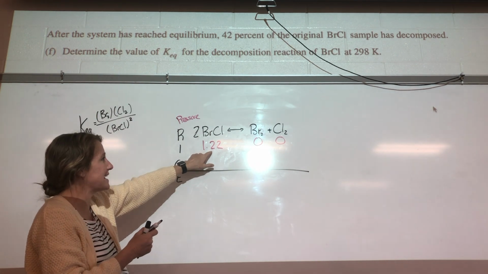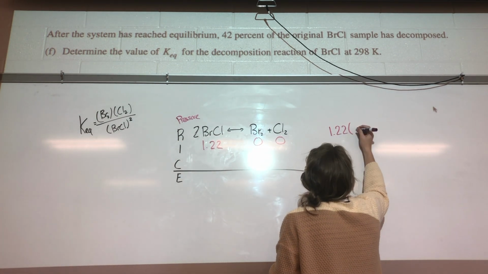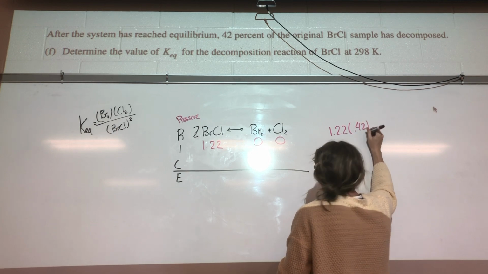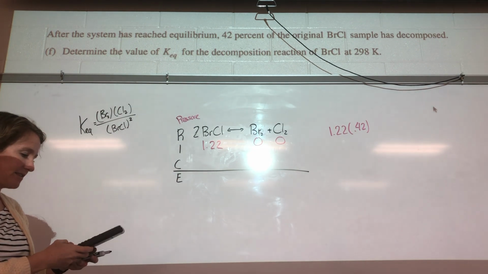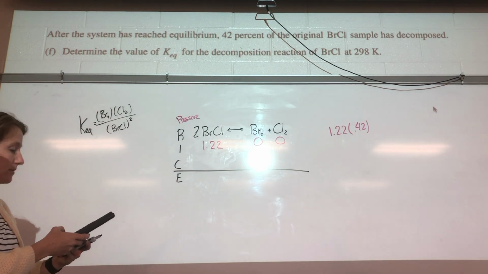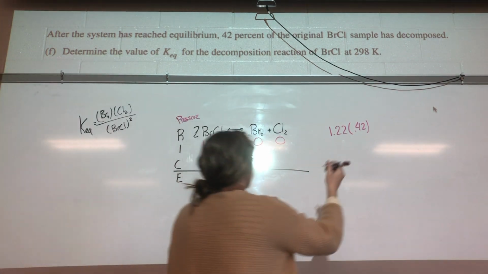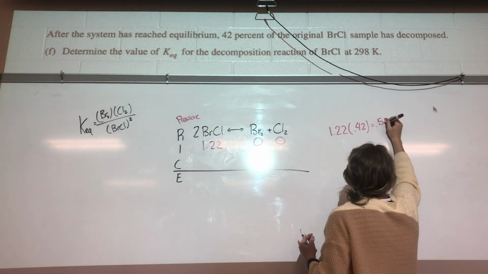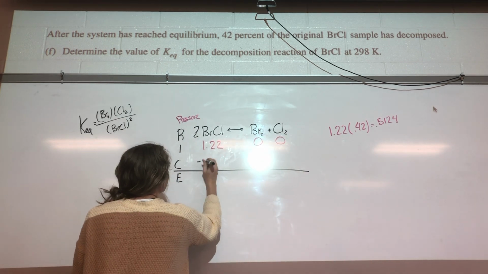So if I take 1.22 and multiply it by 0.42, that gives me 42% of that. I get 0.5124. So I know that this is going away by that much.